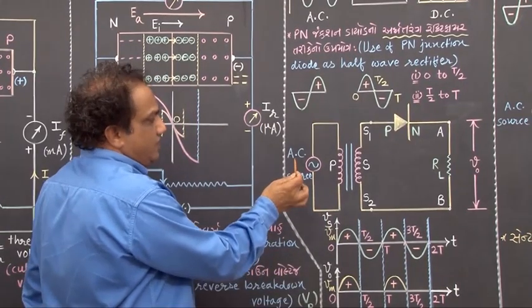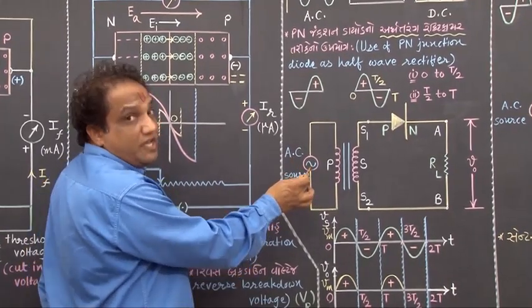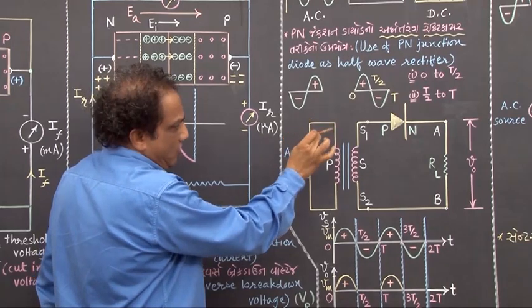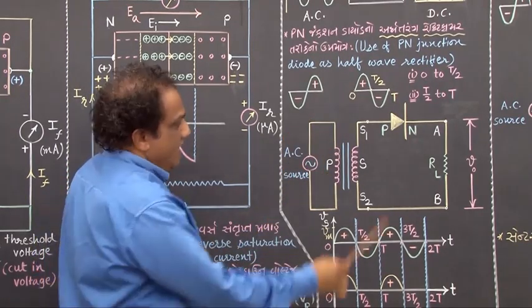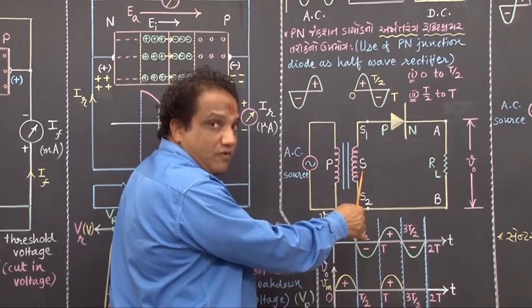You can see the AC source. This is the circuit symbol for AC source, which is connected across the primary coil of a transformer. And here is the secondary coil of the transformer.